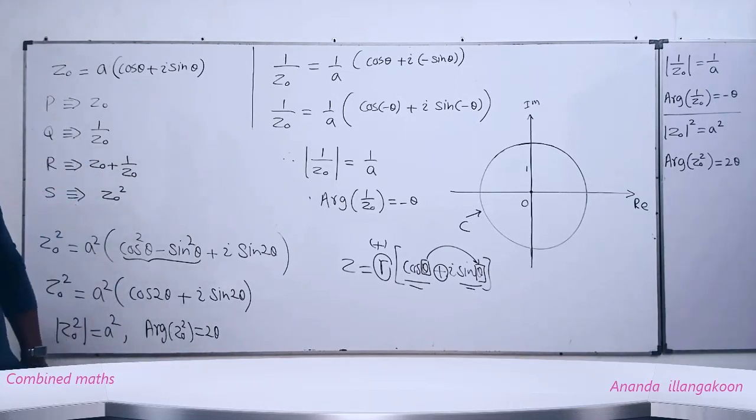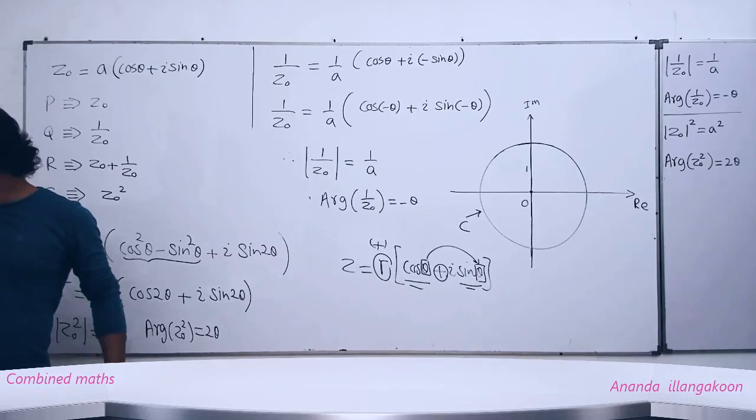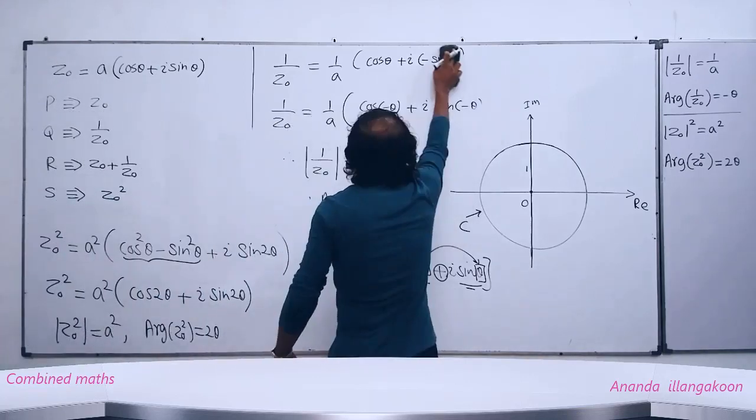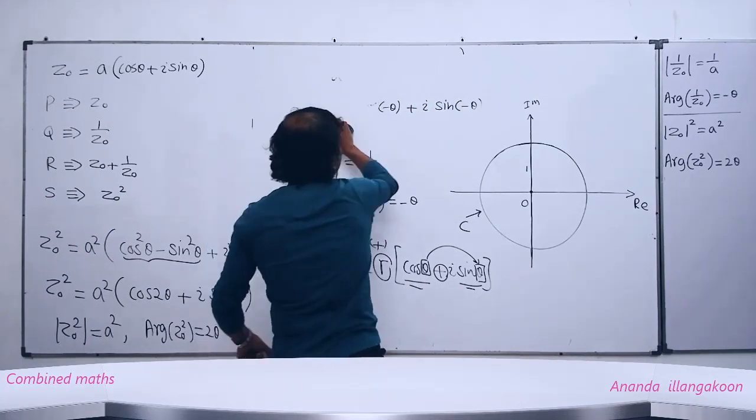Let's see what this Z naught plus 1 upon Z naught complex number is. That also we should find here. This I think you can understand correctly.